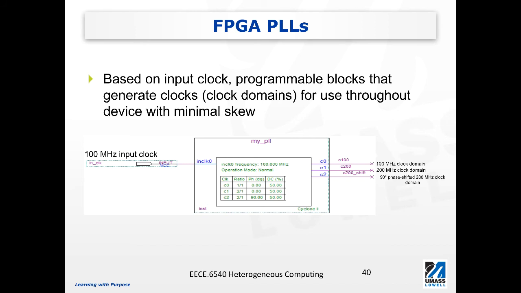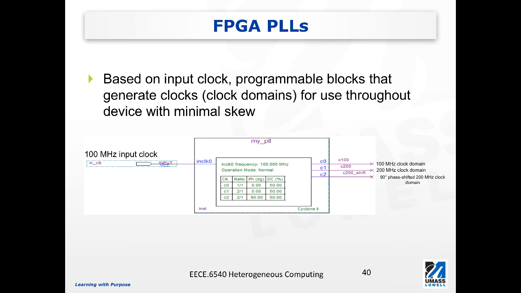The input clock signal is a 100 MHz signal, and through the PLL, we can generate 3 signals. In this example, we can have another 100 MHz clock signal generated, or we can increase the frequency from 100 MHz to 200 MHz by changing the ratio to 2:1.